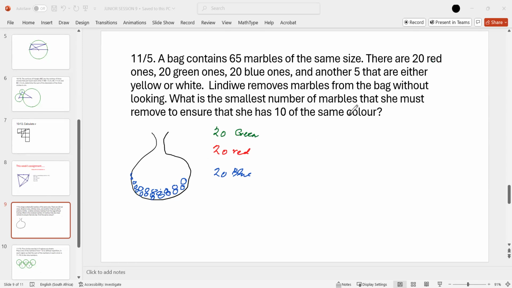What the question is asking for is very specific. You're not looking now. It says without looking. You could have drawn 3 red. Oh, there's more to it. 5 are either yellow or white. Oh, there are 5 which are yellow or white. A little bit more.